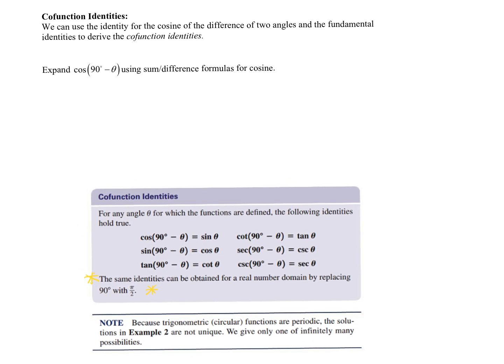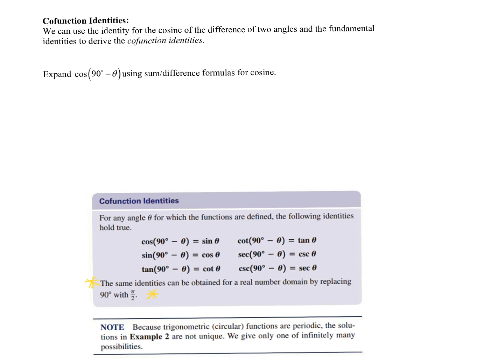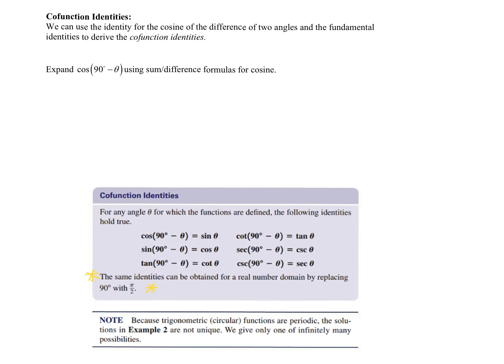So we're going to use the sum and difference formulas to derive the cofunction identity. It says expand cosine of 90 minus theta. So let's do that. This is my A and this is my B, and I'm subtracting.